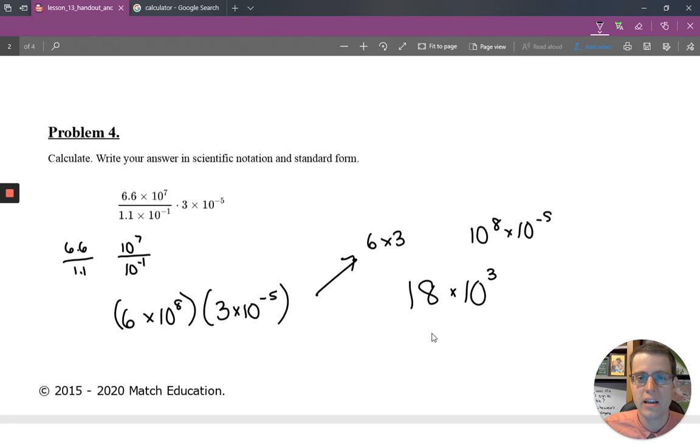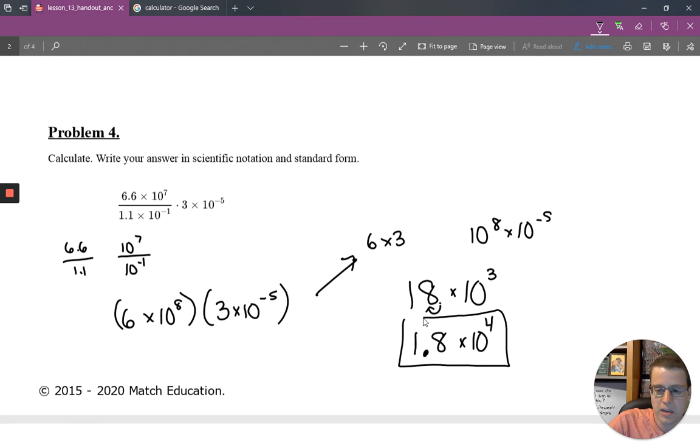This has to be 1.8 times 10 to the something. Now, the decimal point is originally here. We made it smaller by a factor of 10. To balance this, it has to be bigger by a factor of 10, so times 10 to the 4th. 1.8 times 10 to the 4th.